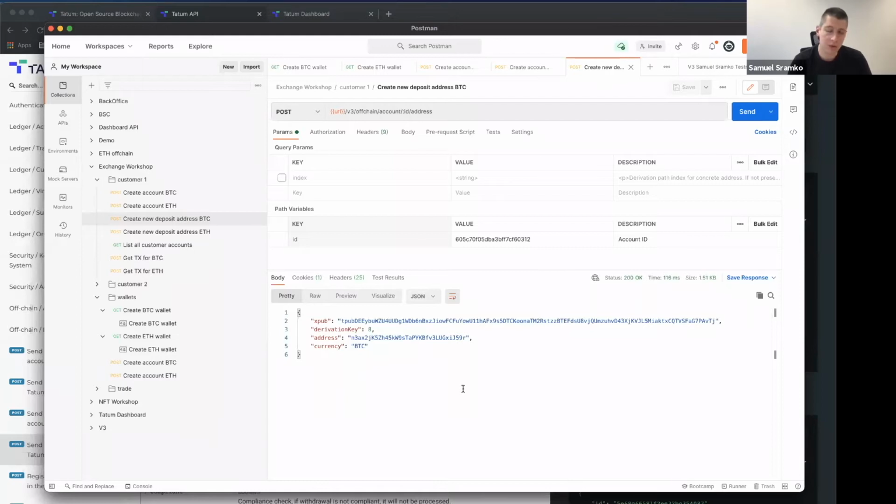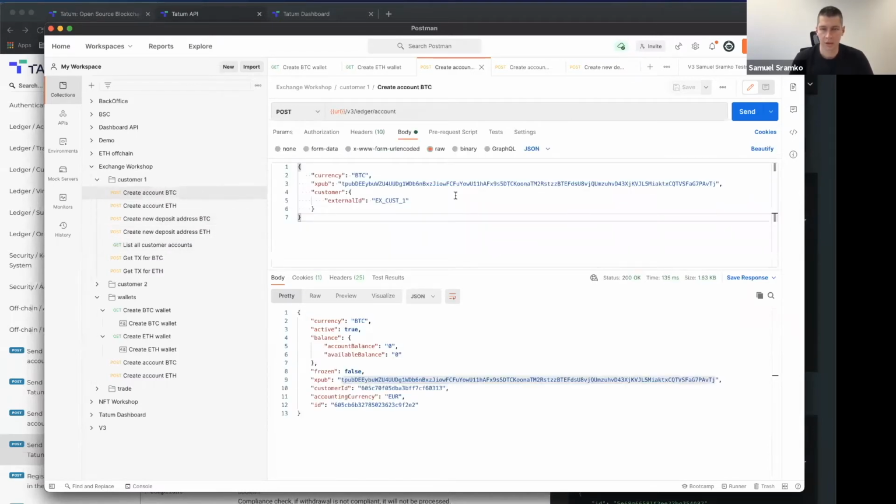What's really cool and super powerful is that when you assign this blockchain address to the ledger account, there are processes inside the Tatum platform which automatically start synchronization of incoming blockchain transactions to these addresses, and it automatically credits the balance of the connected ledger account.